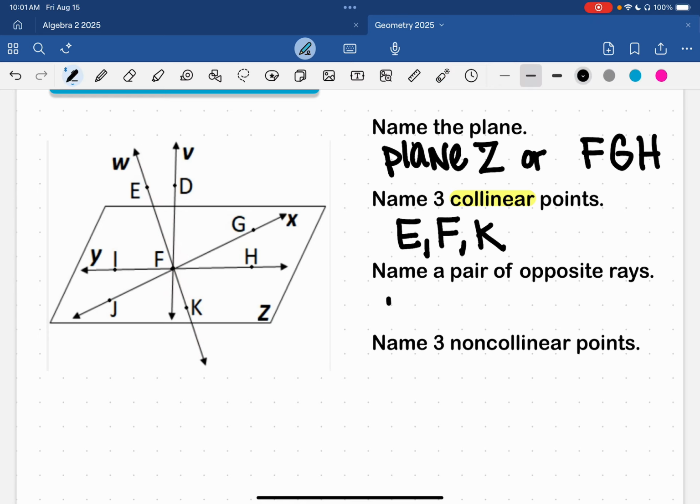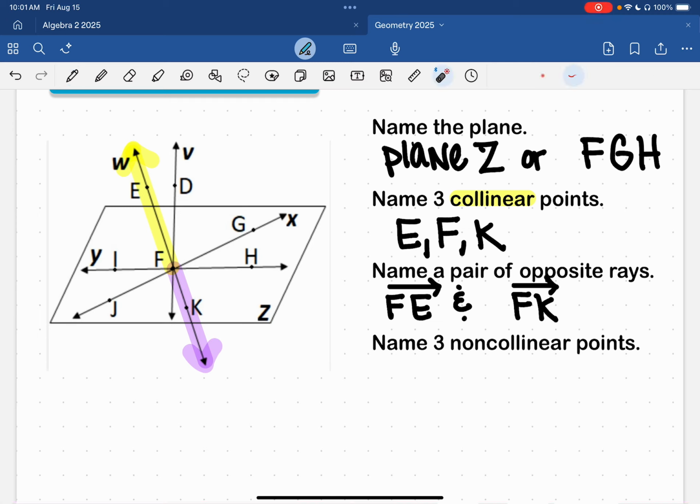I would pick F in the center. Let me use my highlighters. F in the center and go up since I can't go left. So F, E would be the first one, and this is the symbol I use for ray. And then I'm going to go F, in the opposite direction, and I see the letter K. And I'm going to use the same symbol.